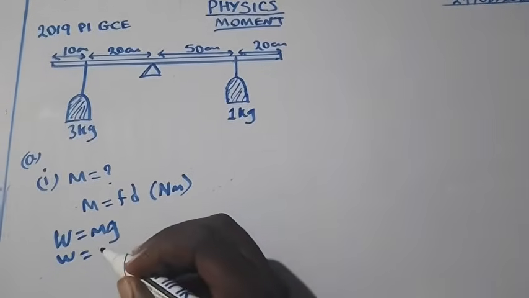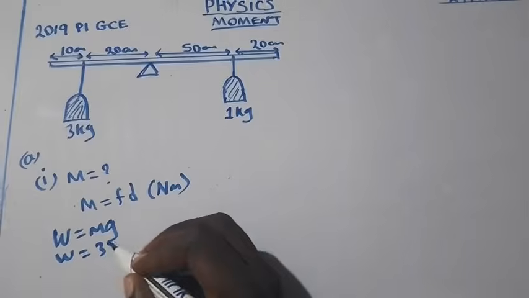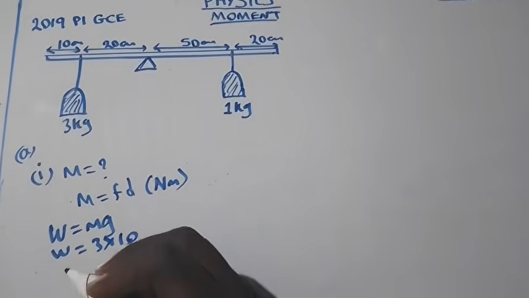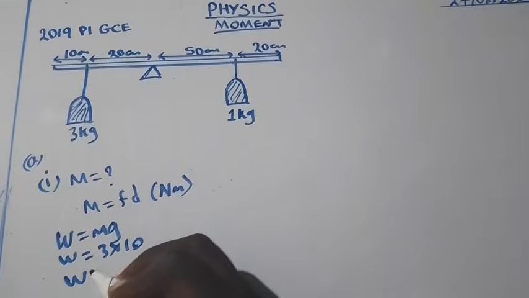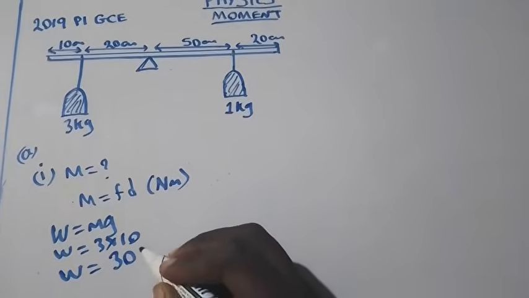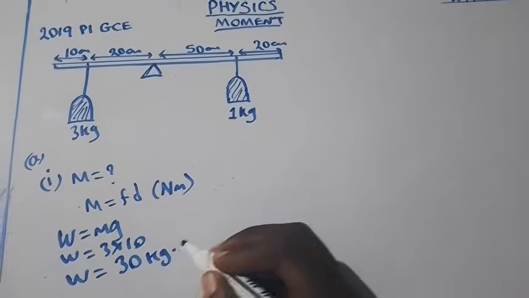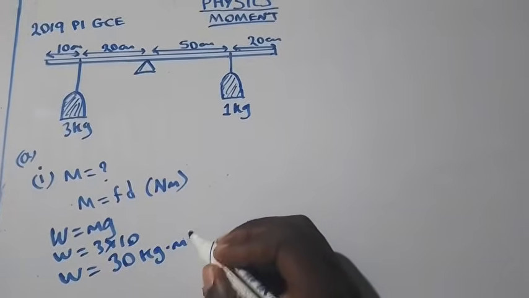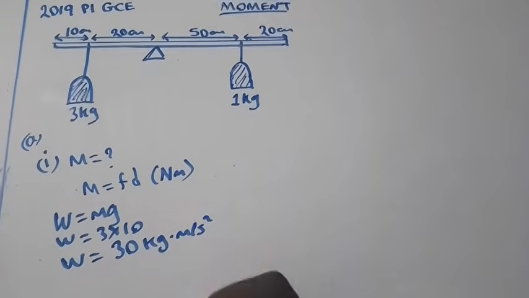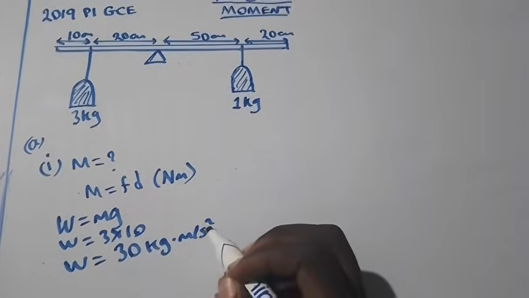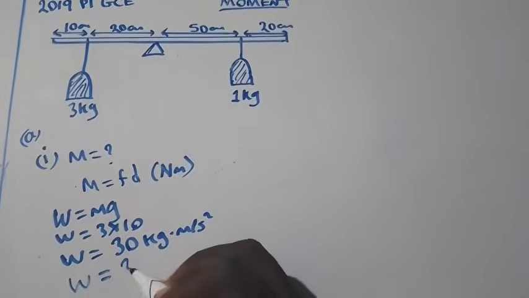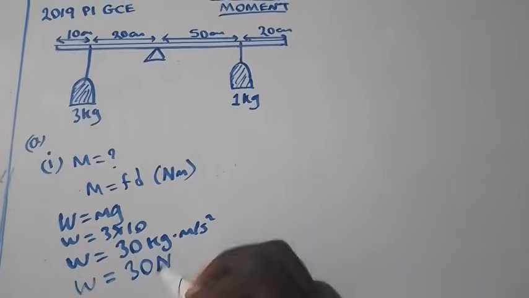So weight equal to mass, we have 3 kg, times gravity, we have 10. So weight equal to 30 kg meters per second squared, which is 30 newtons.